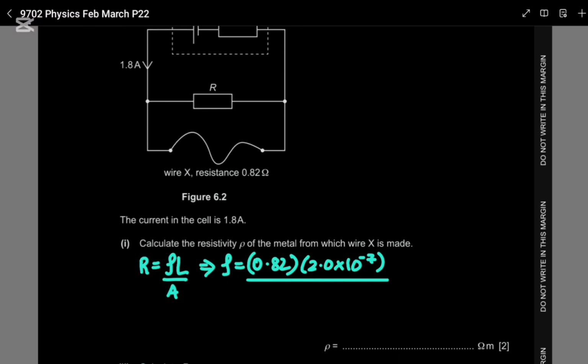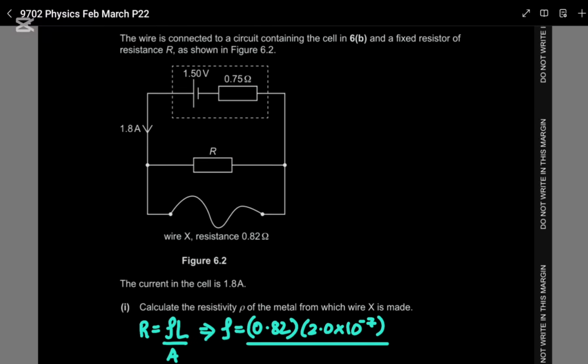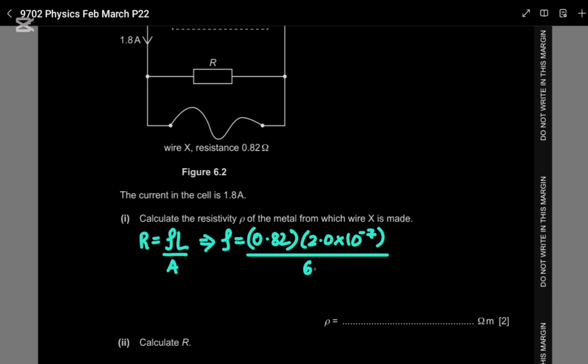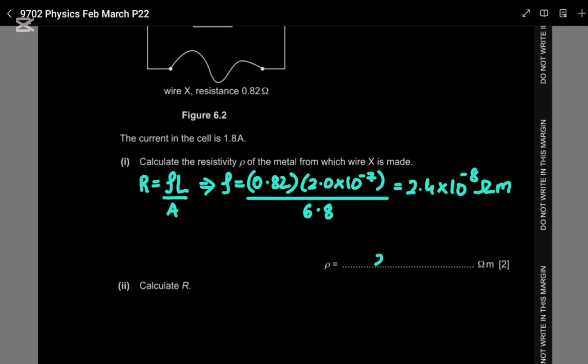What is the length? I think it was 6.8 meters. Yes, 6.8 meters. Now let me plug this into my calculator. I get an answer of 2.4 times 10 to the power of minus 8 ohm meter.